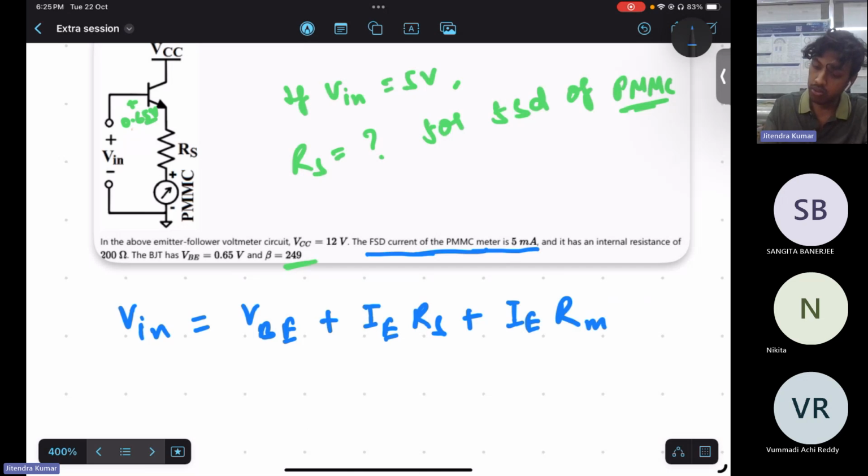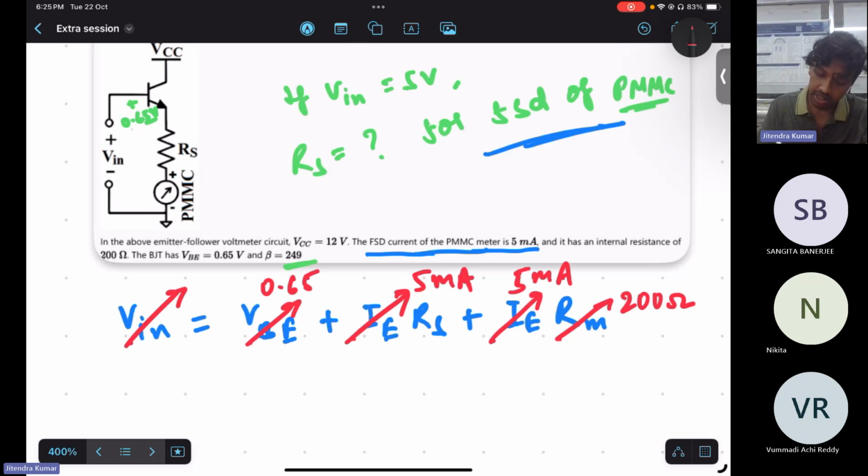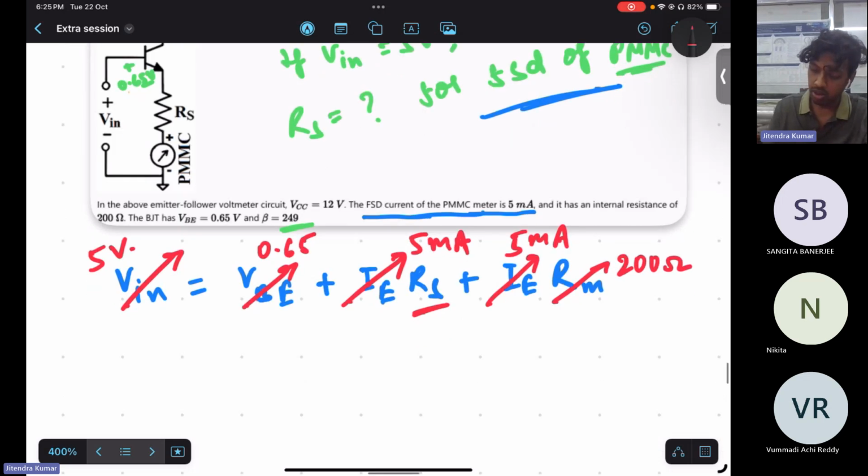At the full scale deflection condition, we can consider that 5 milliampere of current as IE. And Rm is given, that is 200 ohm, VBE is 0.65, and Vin is 5 volt. We need to find this RS value only.